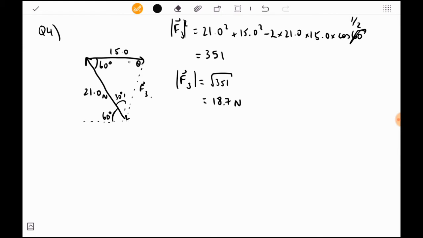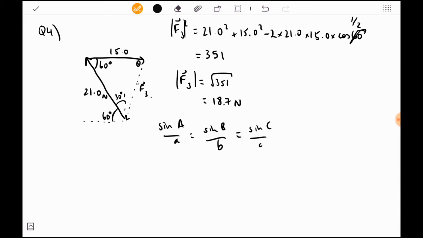To do this, we're going to use our other non-right angled triangle trigonometric rule, and that is the sine rule. So the sine rule is, of course, sine A on A is equal to sine B on B is equal to sine C on C. So this angle here, the side opposite to it, is 21.0 newtons.